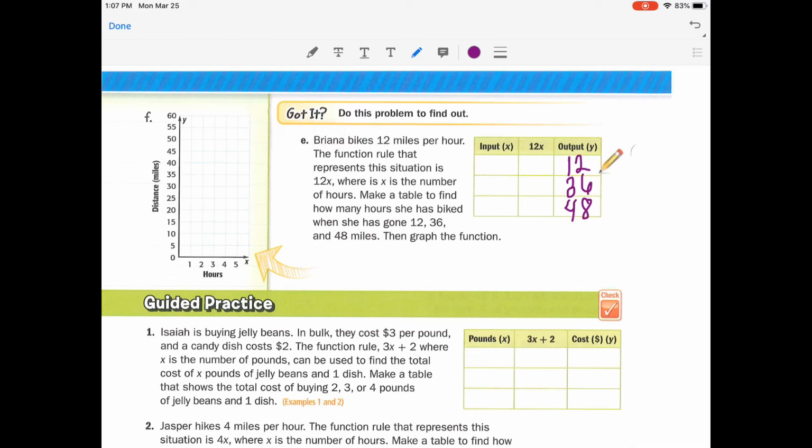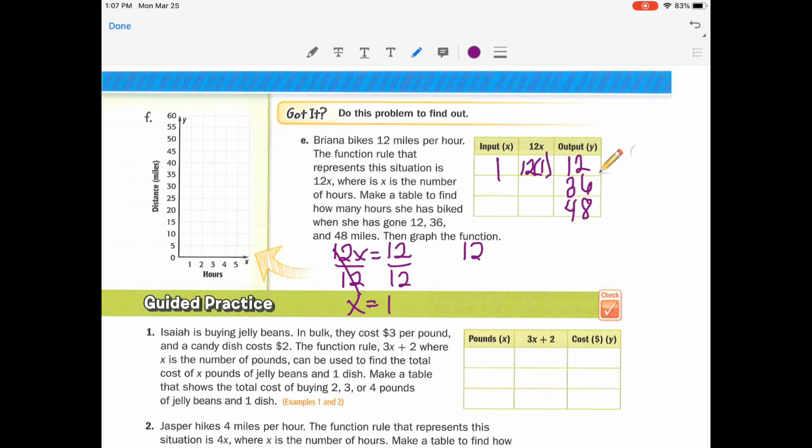We're going to work backwards, and we know it is 12x. So let's start. 12x equals 12. 12 divided by 12 is 1. Therefore, 1 hour took her 12 miles, because 12 times 1 is 12.